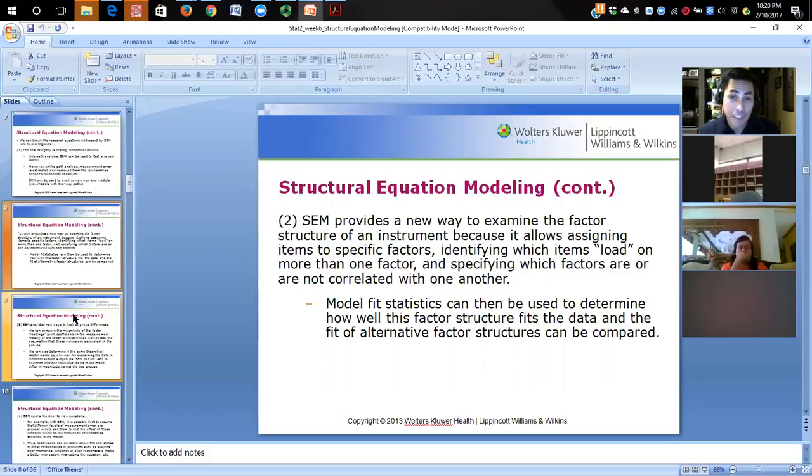When I say factor, it really means the construct that's being measured by the instrument. And then it identifies which items load on more than one factor or construct, and specifies which factors are or are not correlated with one another, because the job of structural equation modeling is to look at covariances.